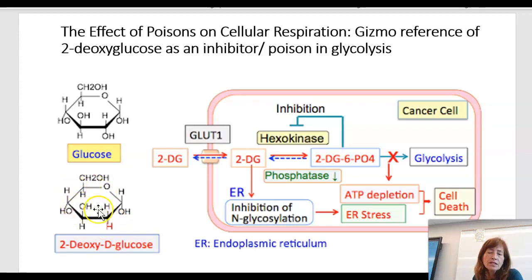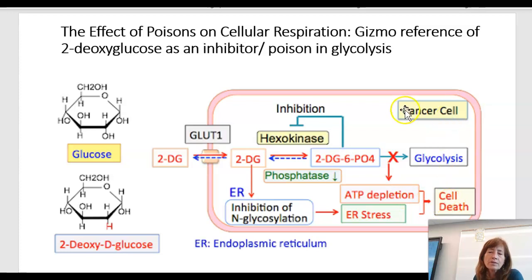But if this is the poison and it enters the cell through this GLUT1 pathway, then normally, if this was glucose, hexokinase would convert it into, if you remember, glucose 6-phosphate. But this gets inhibited right here. And that ultimately stops glycolysis from being completed and would result in cell death.